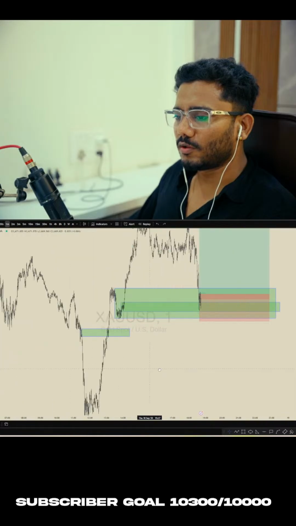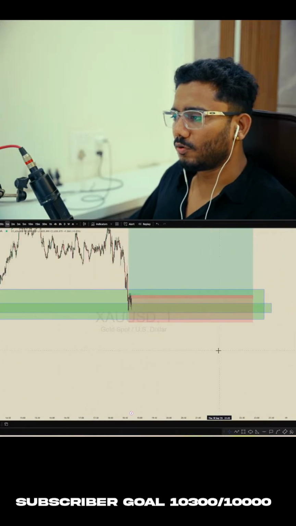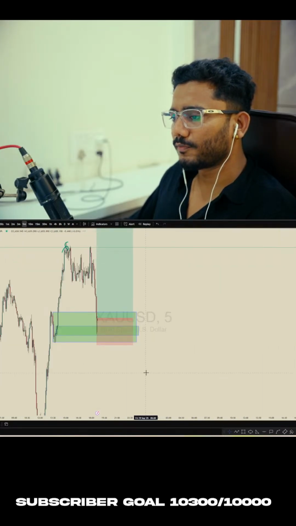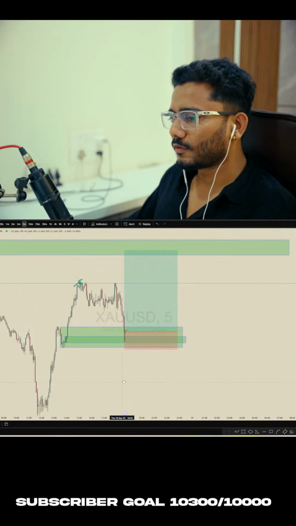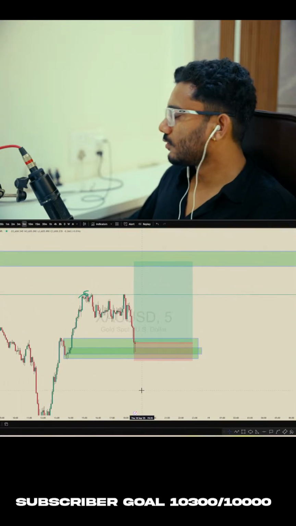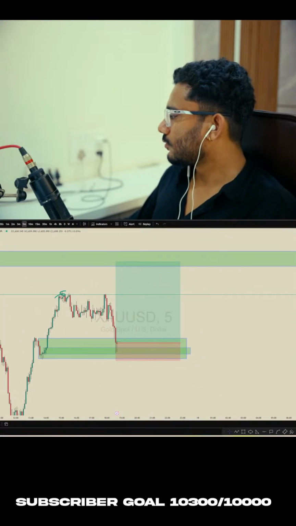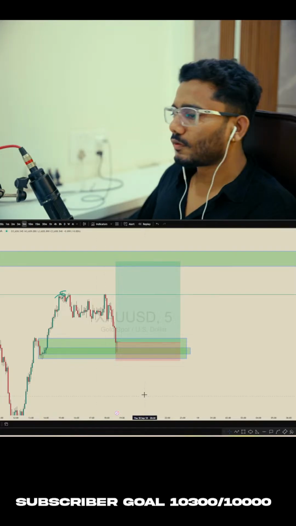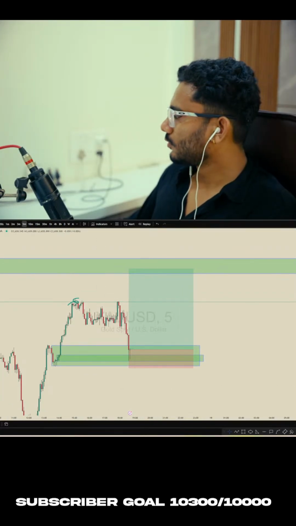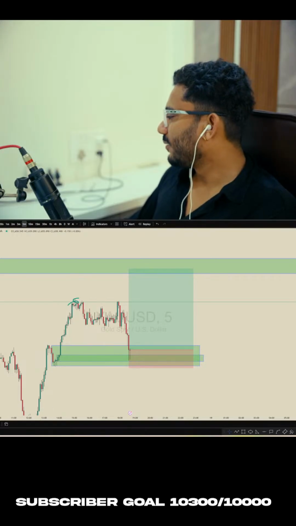So this is something I'm looking for only if price hits my stop loss. It will be mitigated.